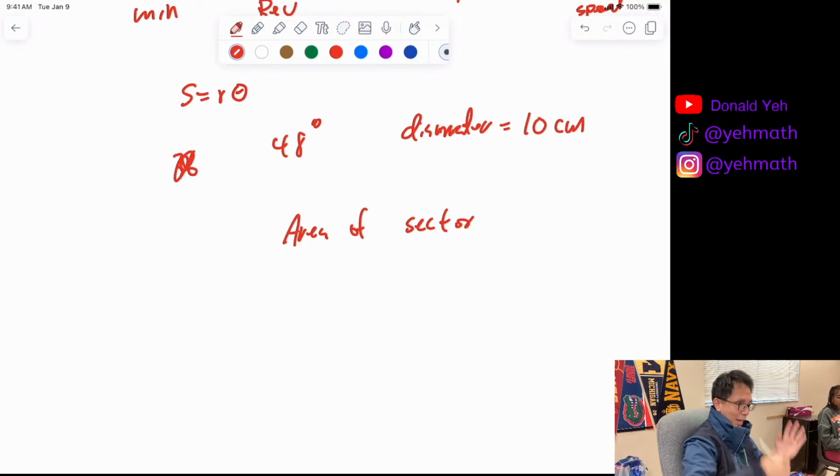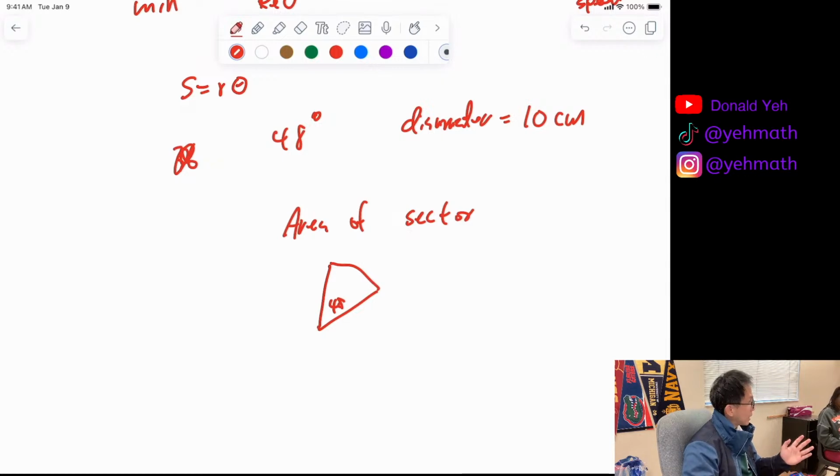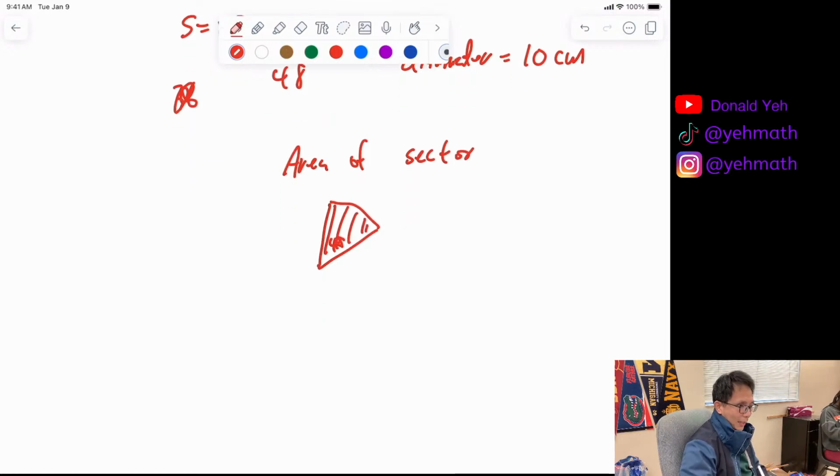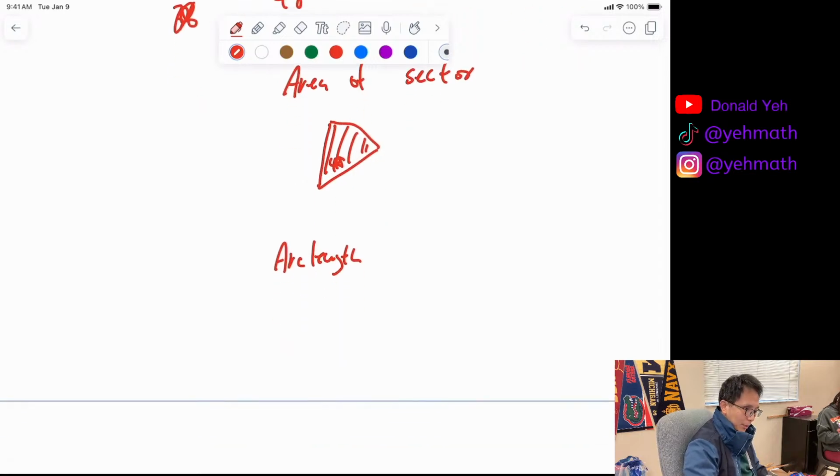So if this is 48 degrees and this diameter is 10, remember, I didn't give you the radius, I gave you the diameter. What is the area of this sector? Or I can ask you, what is the arc length? Arc length means this, it's 48, and we're looking for this length right here.